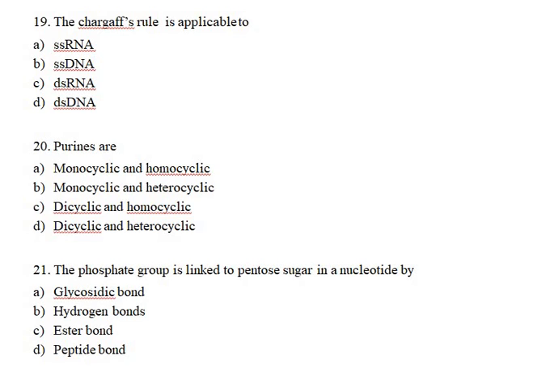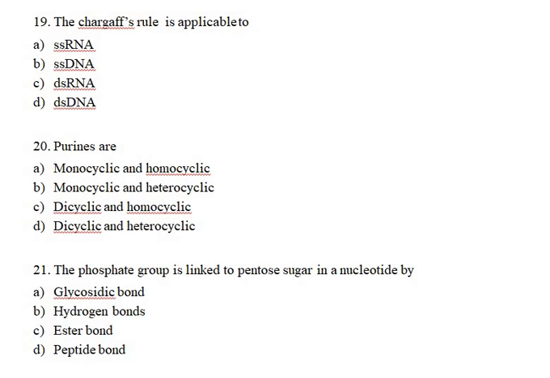Here hydrogen bonds are present between purines and pyrimidines. Ester bond is present between sugar and phosphate, we already discussed in the concepts. Peptide bond is present between the amino acids.